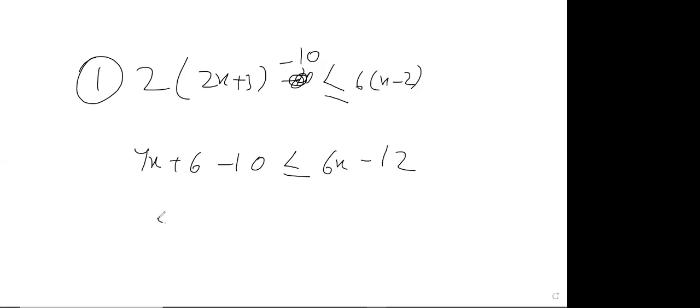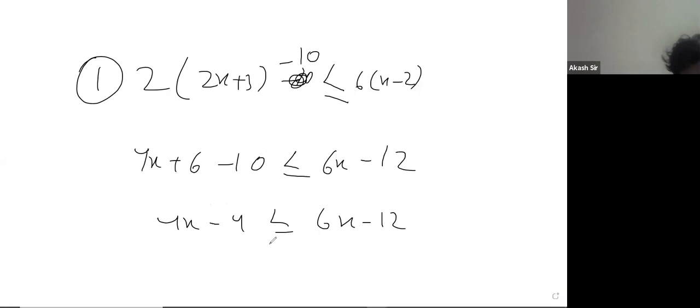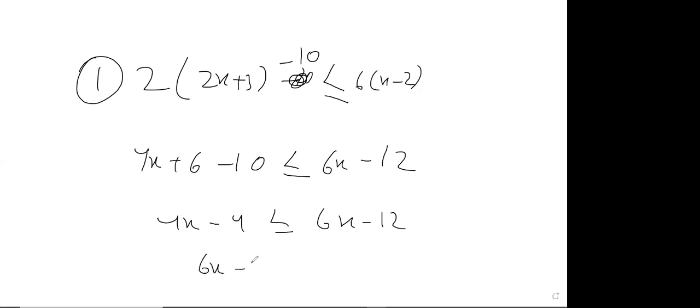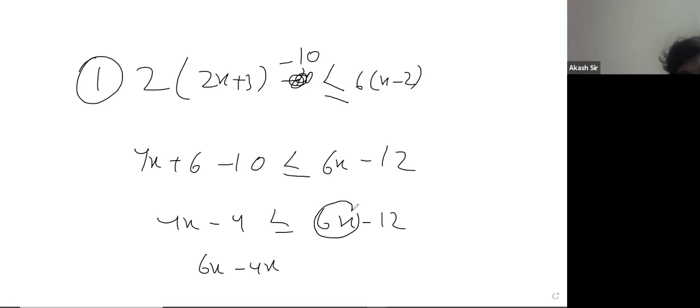Then 4x minus 4 less than or equal to 6x minus 12. Then 6x minus 4x less than or equal to... No. See, you kept the 6x here and took the 4x to the other side, right?